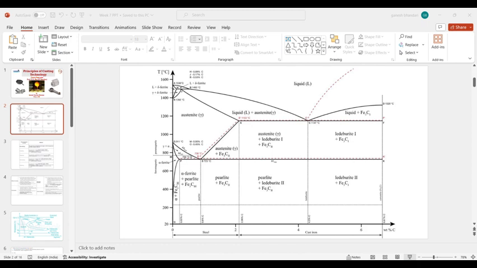Surgical blades have to be made with the help of austenitic stainless steel, so we need to create this phase at room temperature. What we see in the iron carbon phase diagram is that we get this phase at more than 723 degrees Celsius, and when we cool it, it converts into some other phase. So how are we going to get this austenite phase for making surgical blades and surgical equipment?